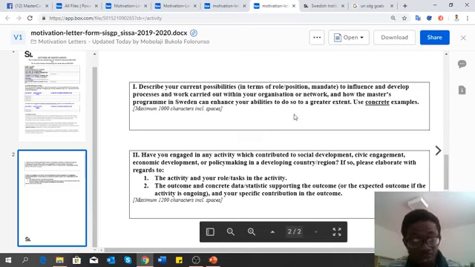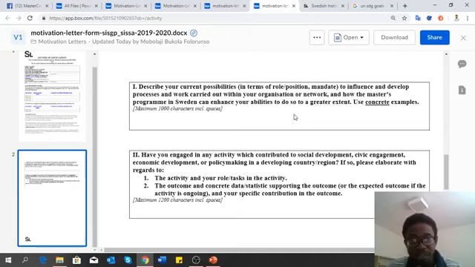Now, this question is quite loaded. They're asking for a lot of things at the same time. They're asking about your work experience or your network experience, and they're asking about your leadership experience in the same question, and they're asking about your intended master studies. How is it going to improve you?